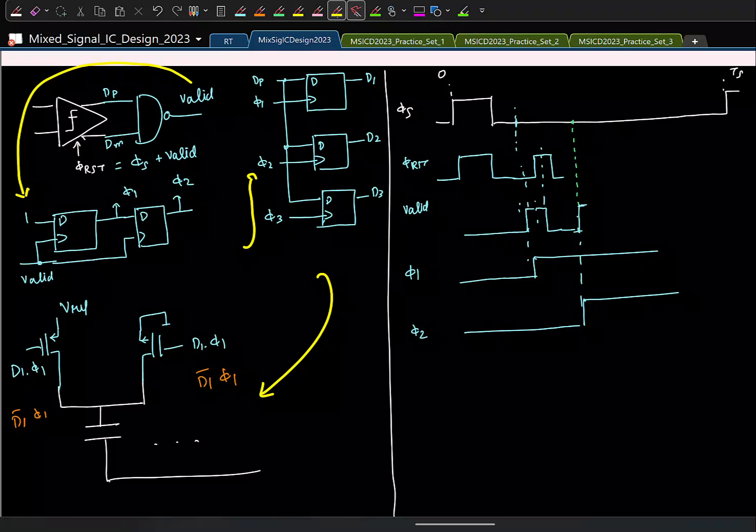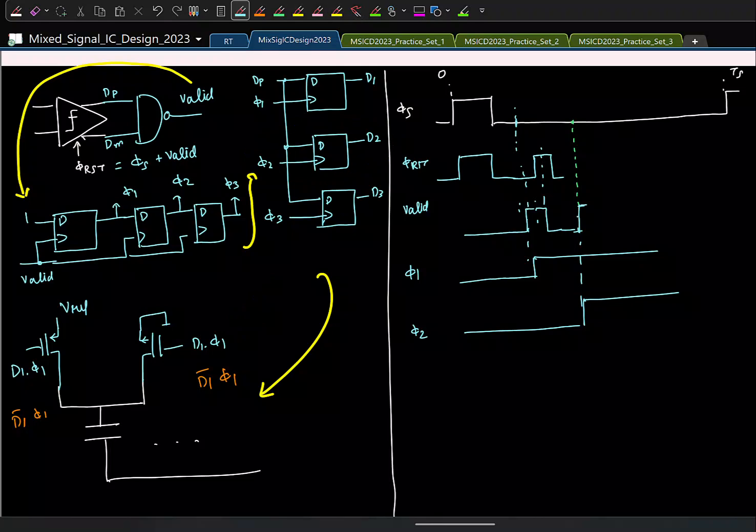Similarly, I'll also finish it. The third clock will also be generated the same way. Now phi 2 is generated. So you go and store the data, and then do the switching of the capacitor in the same manner.